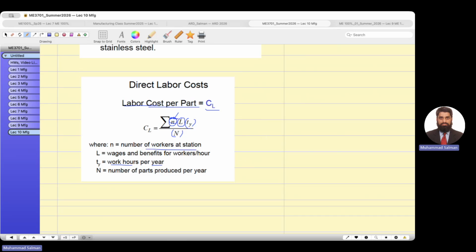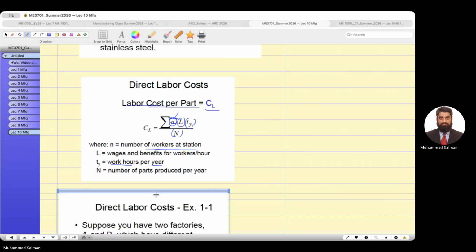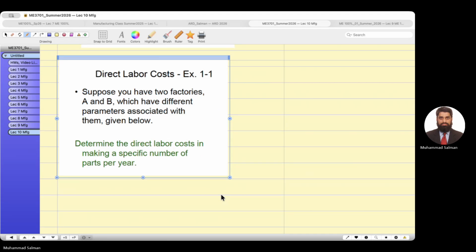Okay, let's do this question. Suppose you have two factories, A and B, which have different parameters. I'm going to show you this. Find the direct labor cost in making a specific number of parts per year.